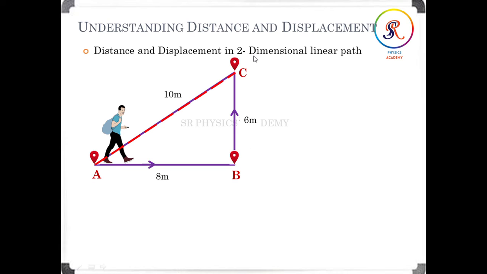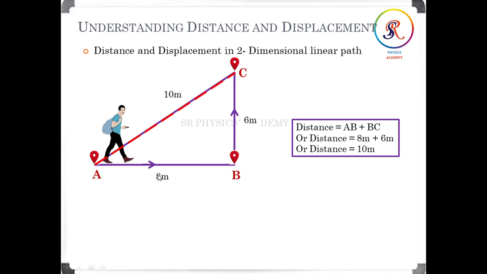The distance you travel, how will we calculate it? As we know, distance is the total length, the total path covered. In this case, the person moved from A to B, B to C. So we take the AB distance and the BC distance. AB equals 8 meter and BC equals 6 meter.